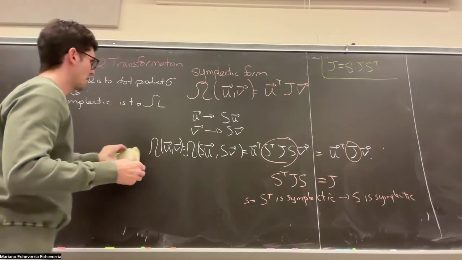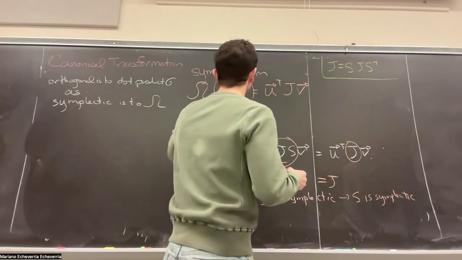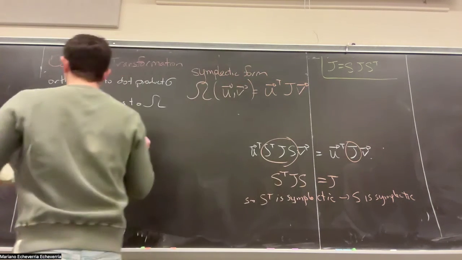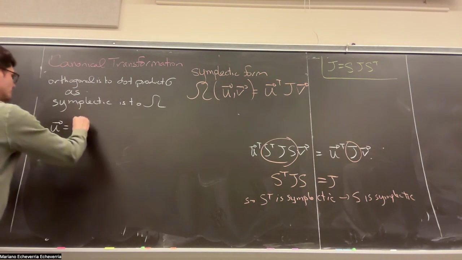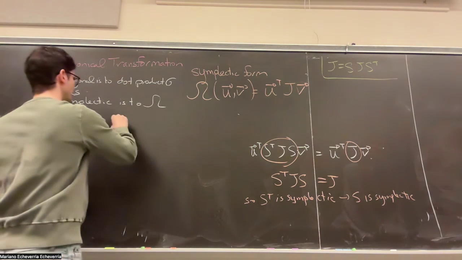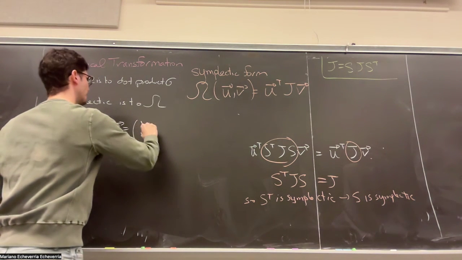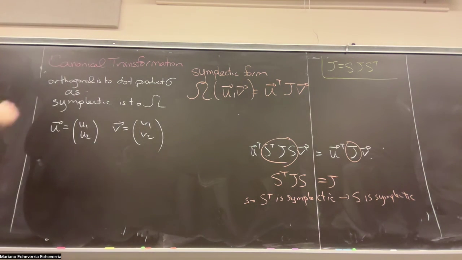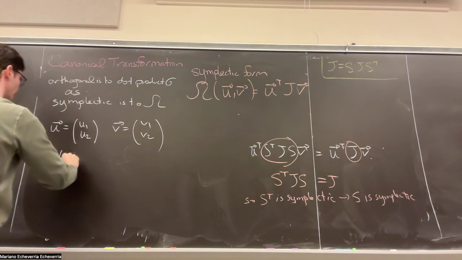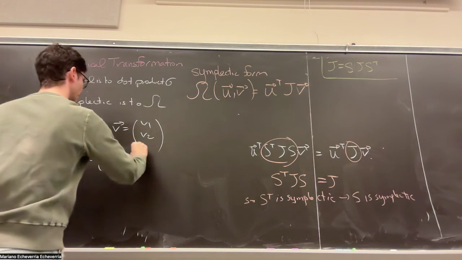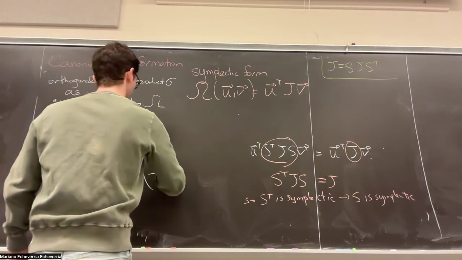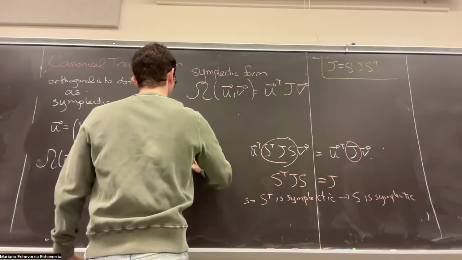To do that, again, let me just write it down in the 2 by 2 case because that's where we're focusing for now. If you write U as U1, U2, and V as V1, V2, what is omega of UV? Well, it's just U1, U2, 0, 1, -1, 0, V1, V2, right?